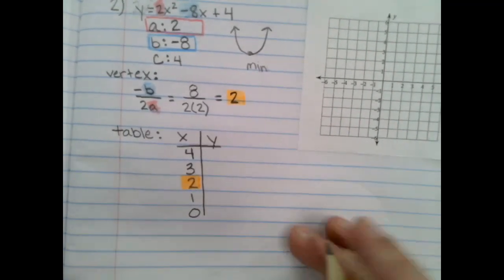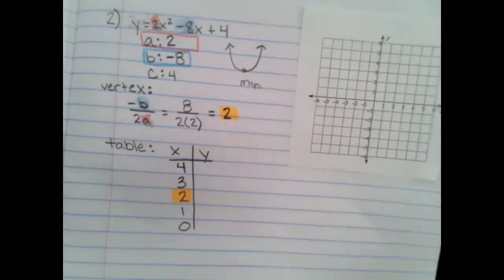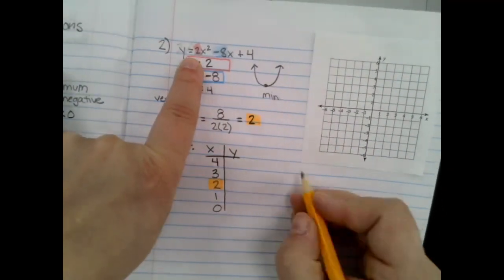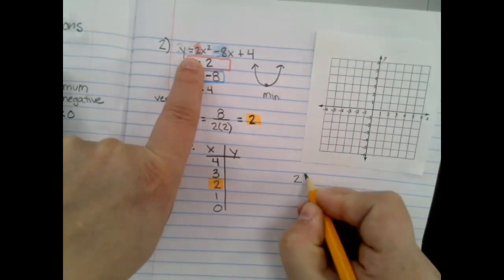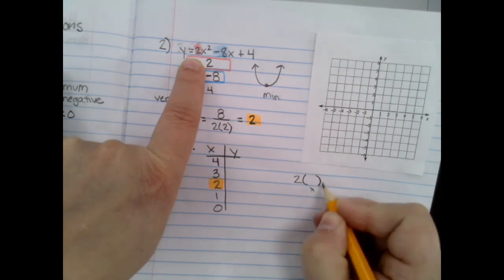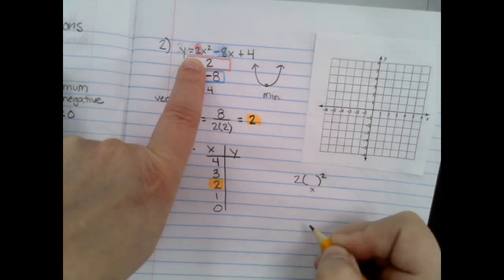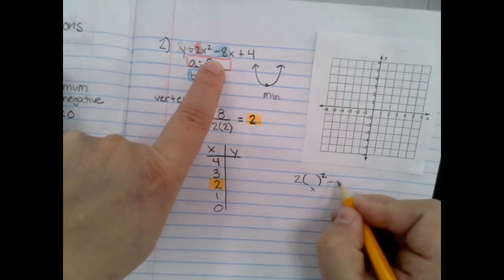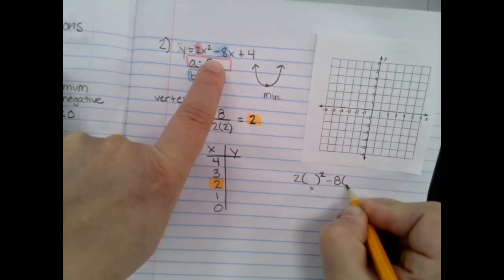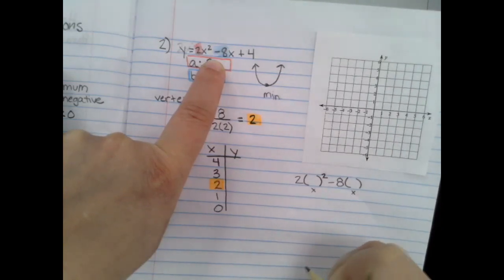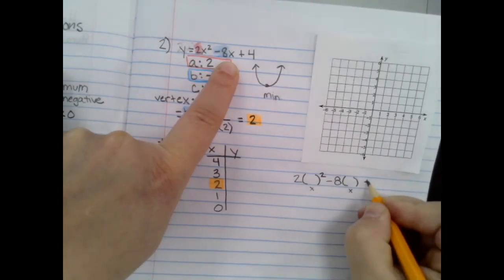All right, in our calculator, we're following our rule. Our rule goes back to that equation. We have 2, and then instead of x, we're going to use parentheses. So x squared minus 8x plus 4.